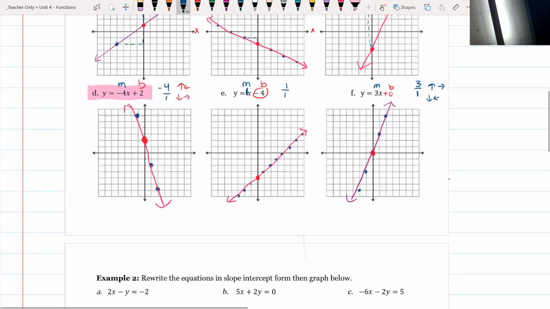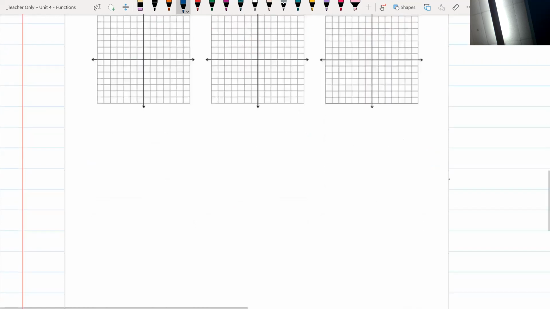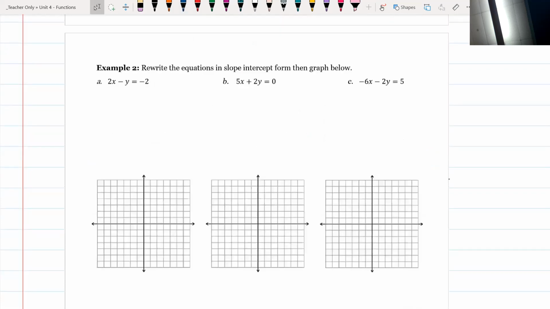Okay, so let's go to the next part. This part we have to write first, get them in slope-intercept form. So we have to get y alone, and then once we do that, we graph. How can I get this y alone? Well, think about solving an equation.